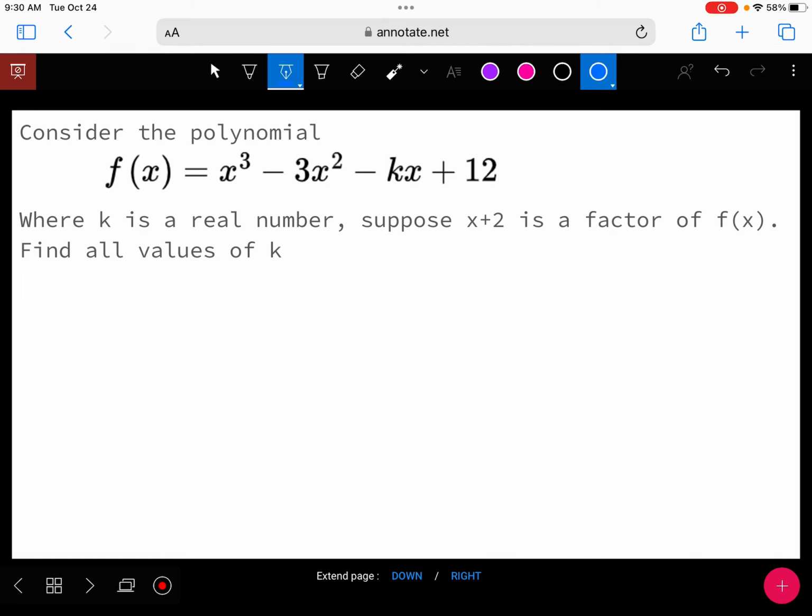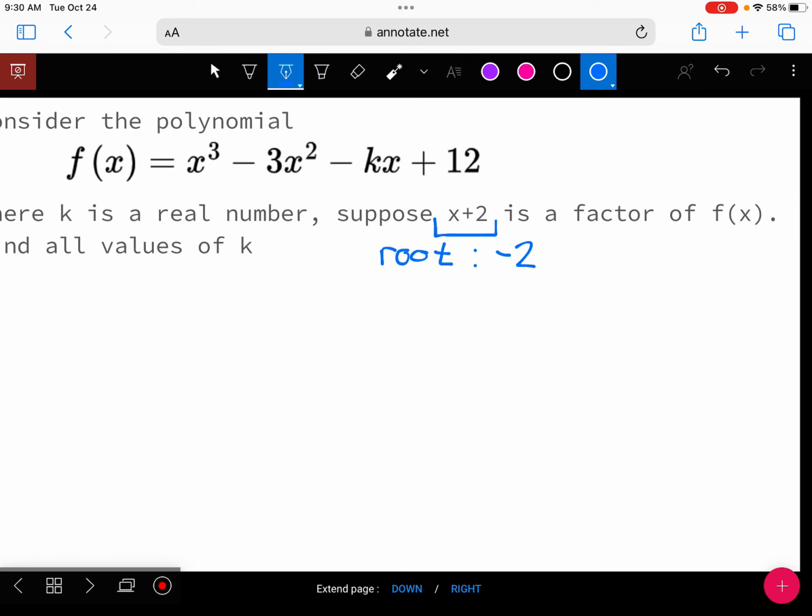This time they didn't give us an ordered pair to substitute in. Or did they? Because if we use that factor theorem that we wrote down right at the beginning, and I know this is a factor, that means what is the root here? -2. And if -2 is a root, what's its remainder? 0.